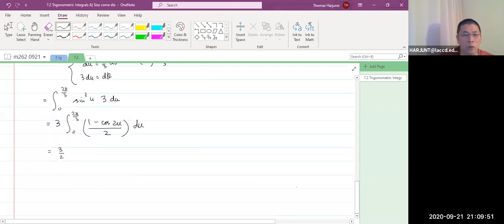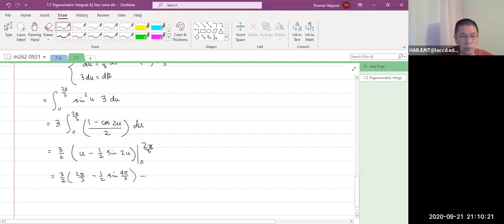So integral of 1 is u, integral of cosine is sine. So this is 3 over 2, 2 pi over 3 minus 1/2 sine 4 pi over 3 minus 0.